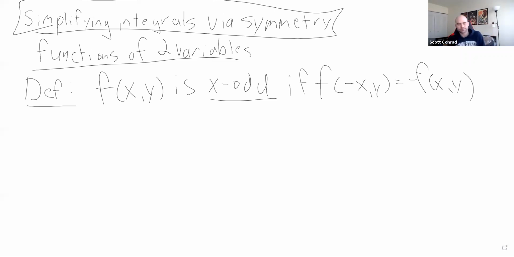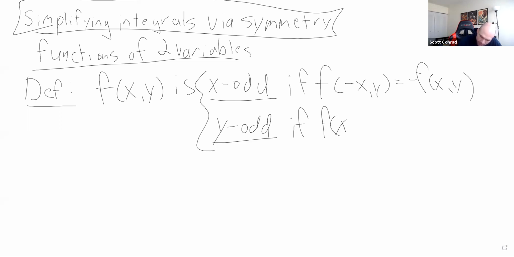So in other words, if you take everything involving x, and you switch x to negative x in your function, and you move things around or simplify it, you end up getting negative of the original function. So you change x to negative x, you keep y as is, and you get negative of the original function. And we say the function is y odd if you do the same but for y.